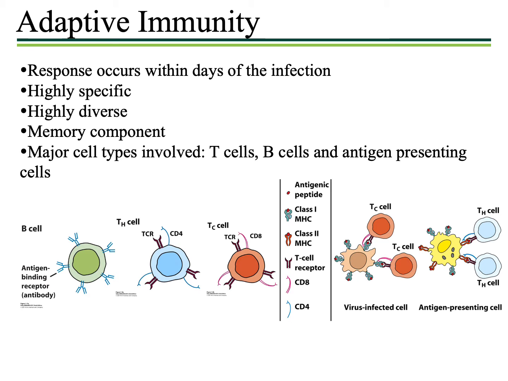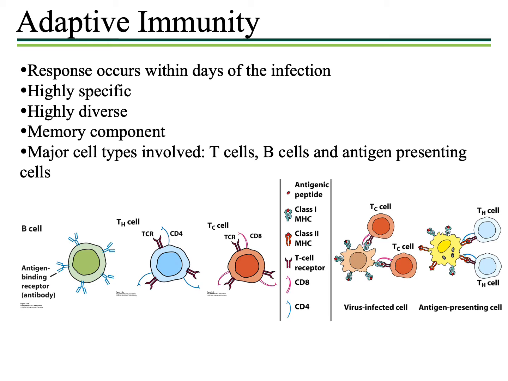Today's lecture is our third in the series on the adaptive immune response, and specifically allows us to transition to begin discussing in more detail T cells and T cell responses. Just to recap what we've discussed with the adaptive immune response, this response typically occurs within days of an infection, in contrast to the innate immune response that typically occurs within minutes to hours.